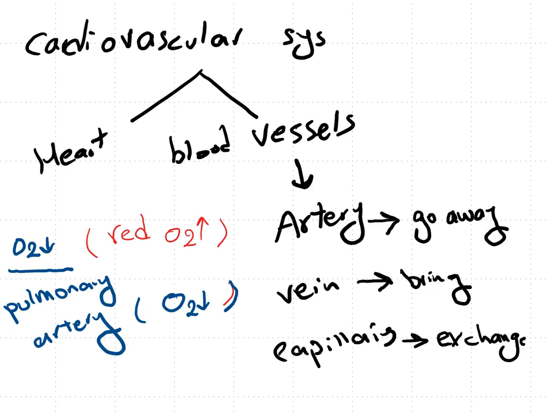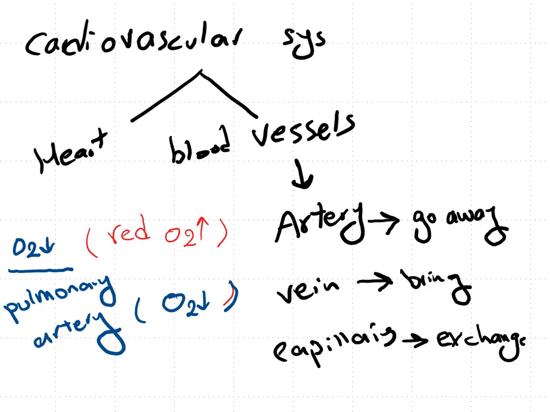For blood vessels, we have artery, vein, and capillary. An artery goes away from the heart, and a vein is the vessel that brings blood to the heart. Capillaries are the tiniest vessels, where the exchange of gases happens.